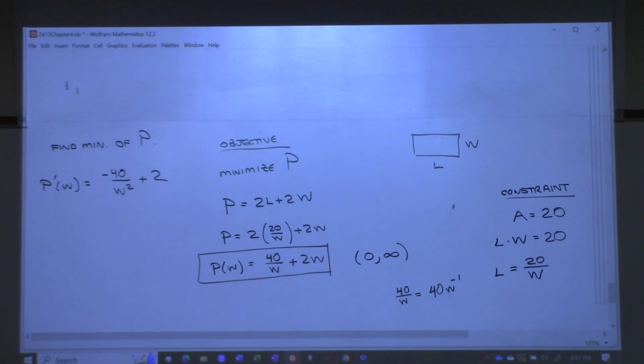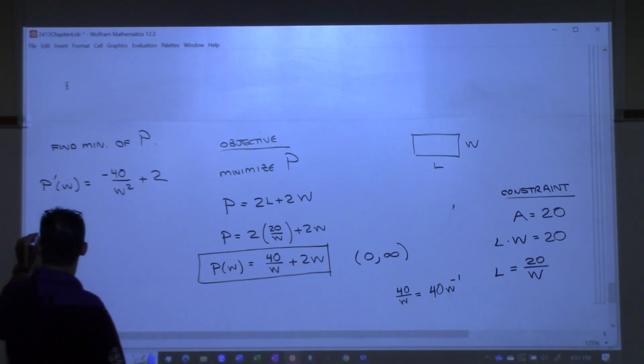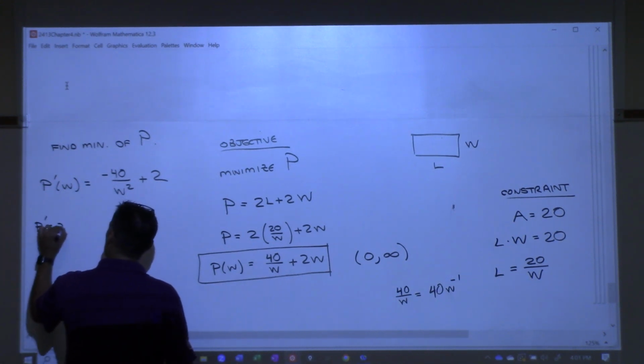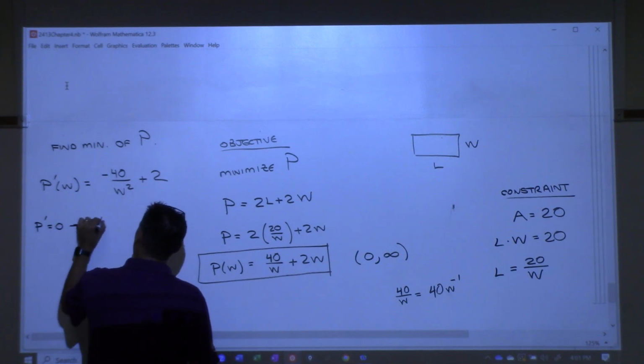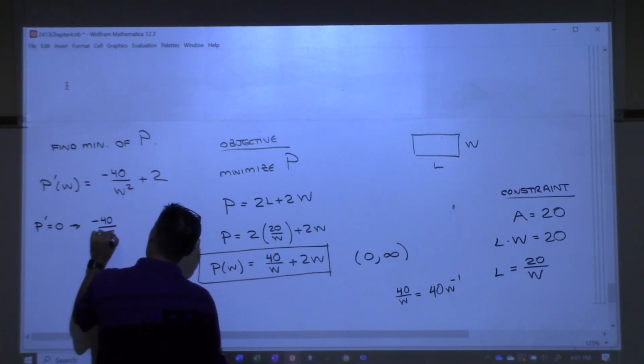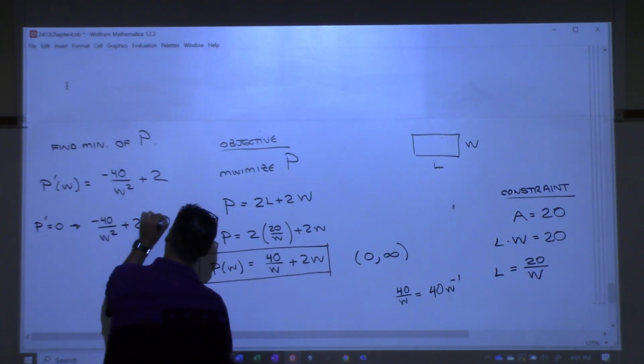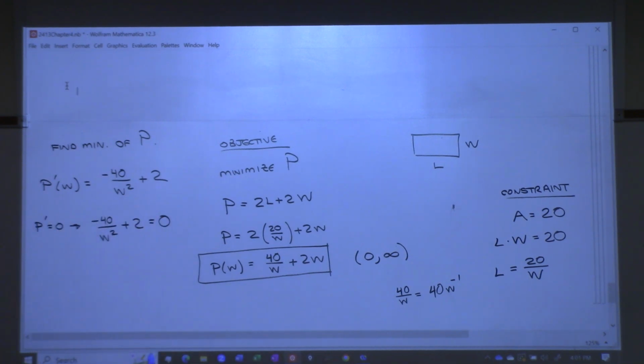And now what am I going to do with that? Set it equal to 0. So I take negative 40 over W squared plus 2, set that equal to 0. There are all these different ways you could solve this, some really easy ways, but I'm going to stick to the way that I like to do it.